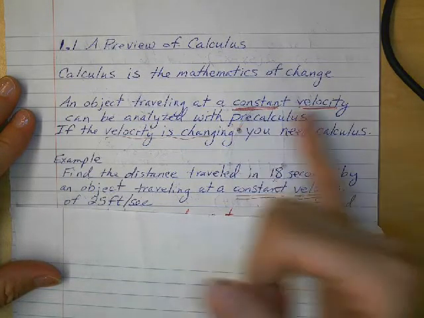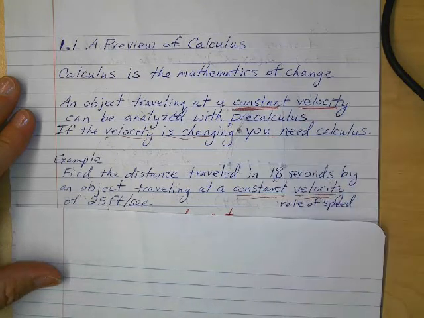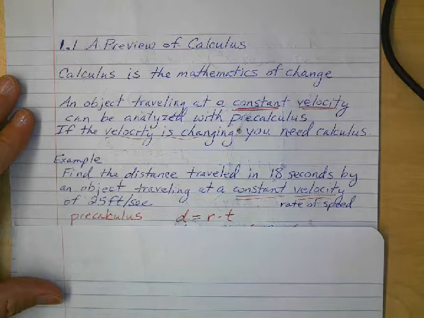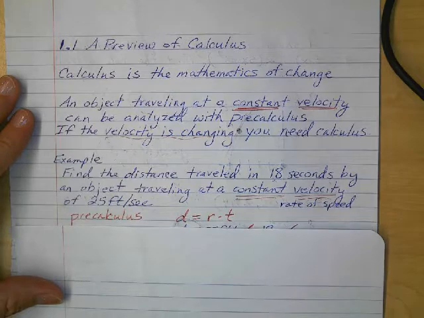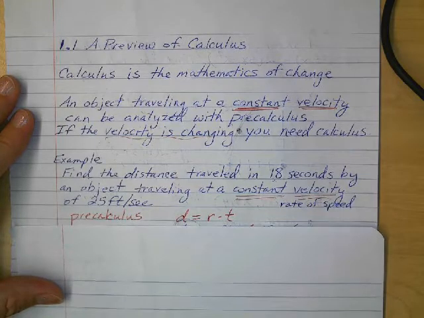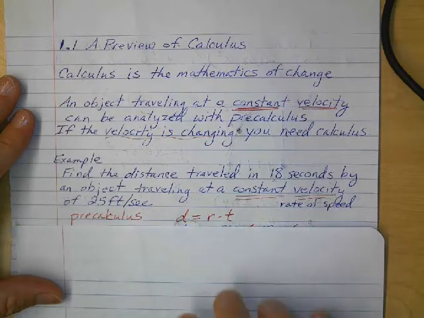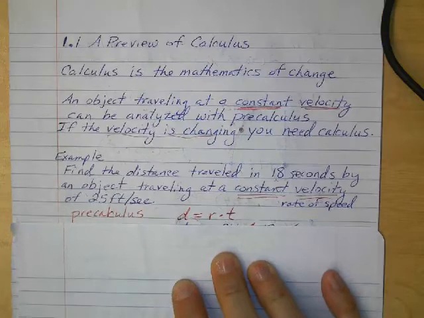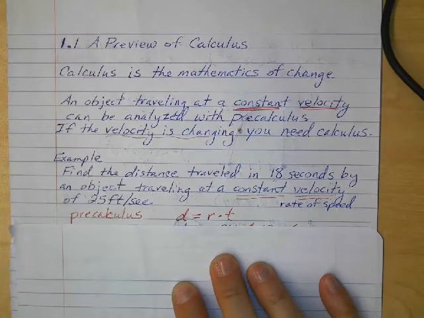If it says constant velocity, you should recognize that this is a pre-calculus problem, and it's something simple, and it goes back to distance equals rate times time. They want you to find the distance traveled.